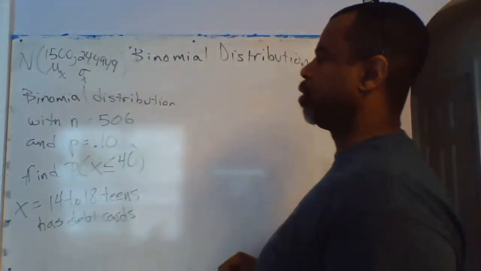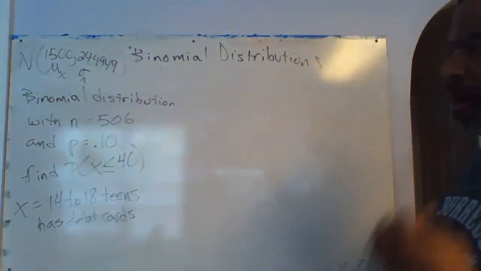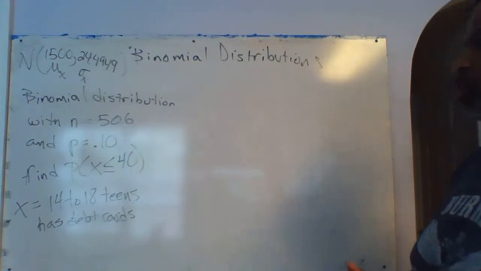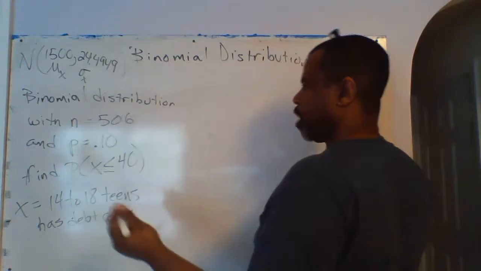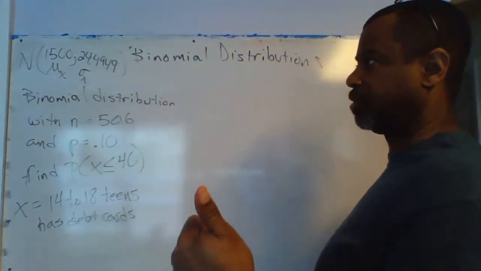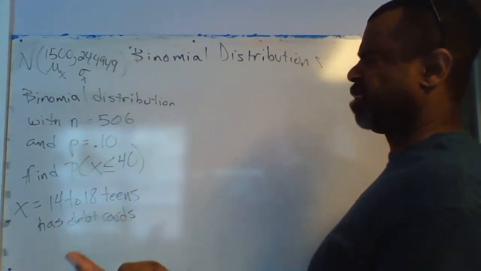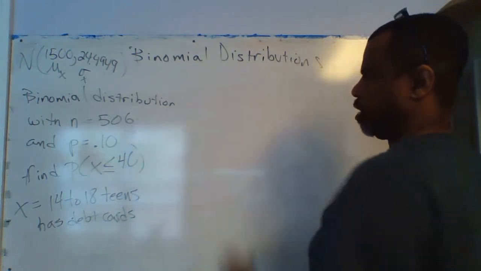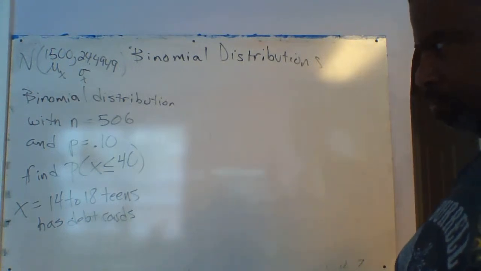And so we want to find the probability that 4 or less have a debit card. Now, this is a binomial distribution. So we already checked the 4 rules: fixed, success, independent. So we have to check for independence, and we have all of them with the same probability of success, and this is the fixed number 506.